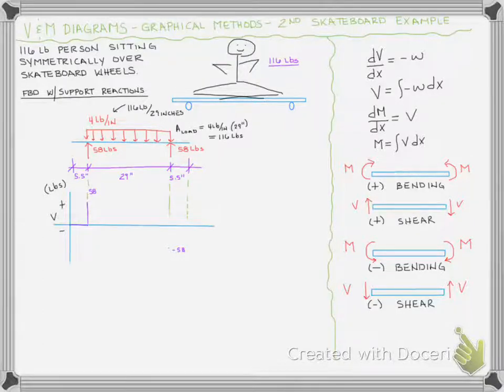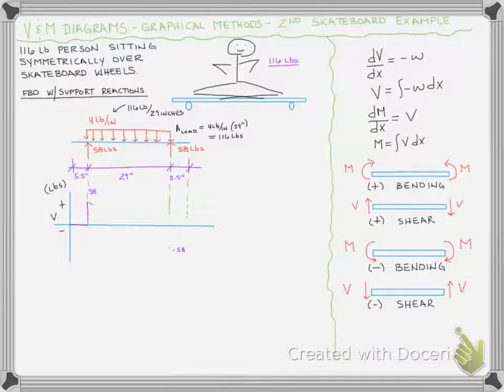So we need to decide, are we going to connect them with a straight line, or do we have a curved line? To know that, we have to go back to the load, because we said that the slope, dV/dx, the slope of the shear is just equal to the load, or negative of the load. So if that load is constant, like our constant 4 pounds per inch, that means our slope is constant.